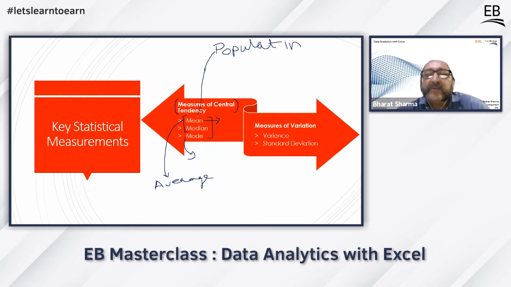But when you do sampling, when you pull out data from the population and take samples, then what you get is called average. That is some difference that I learned.